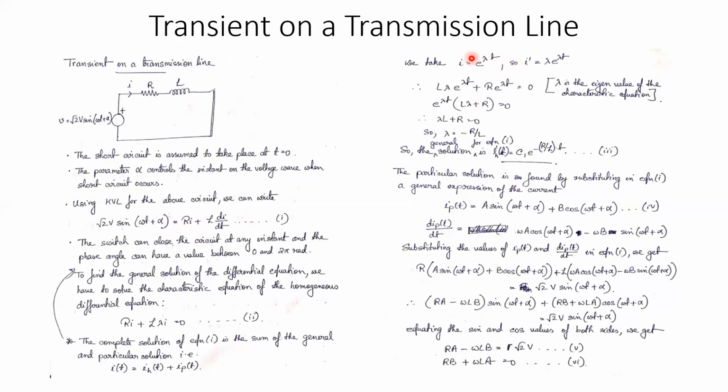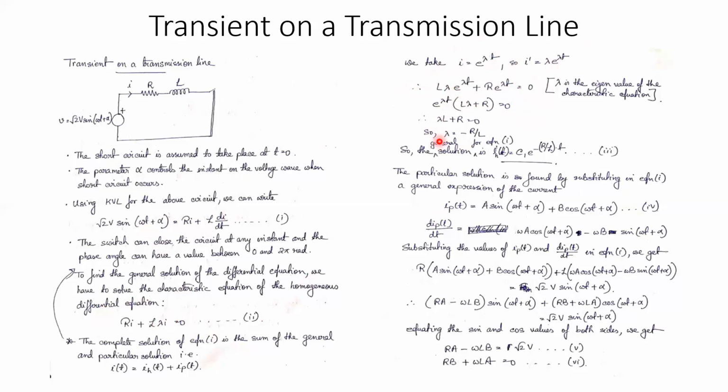We replace this value of i and di/dt in the equation, giving us L lambda e to the power lambda t. Actually, I am replacing i is equal to e to the power lambda t in this equation 2. So we are getting this value.